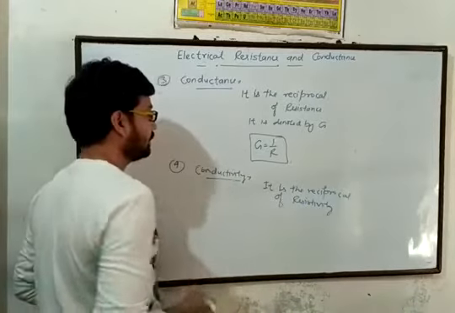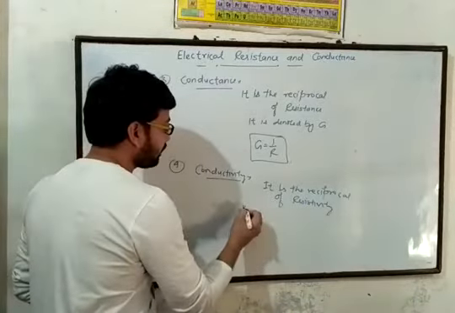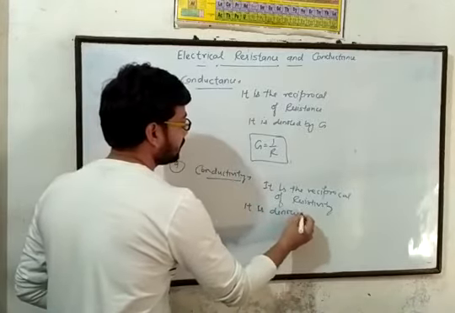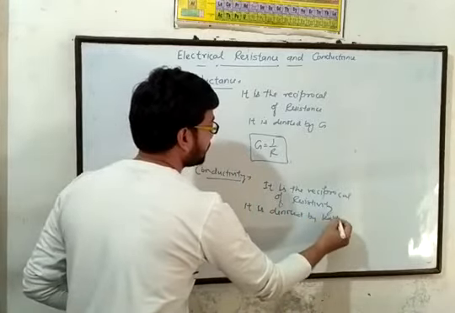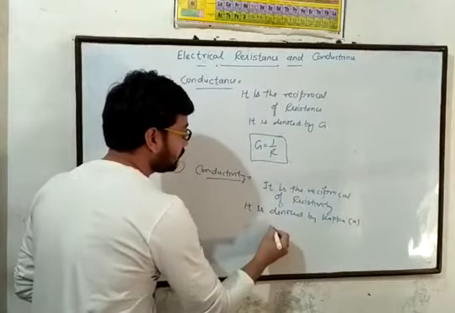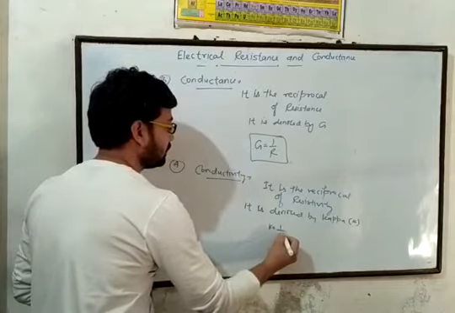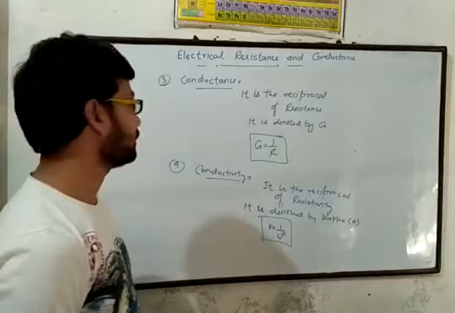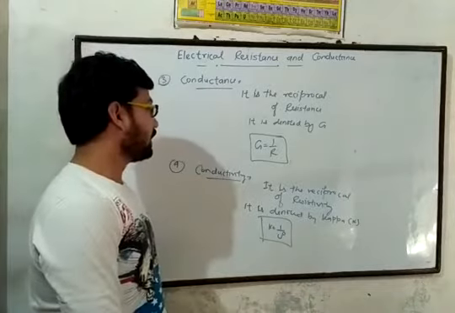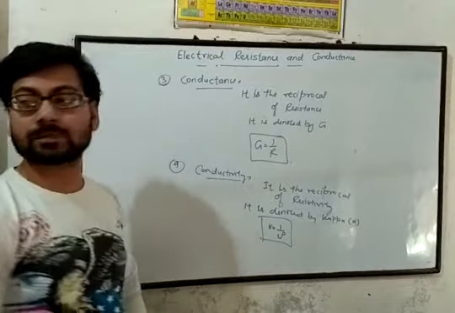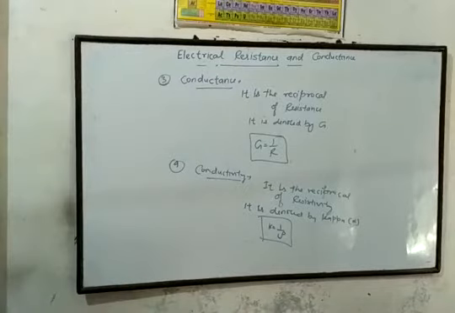It is denoted by kappa, which is a small k. So k is equal to 1 upon rho. So these are the concepts of resistance, specific resistance and so on.